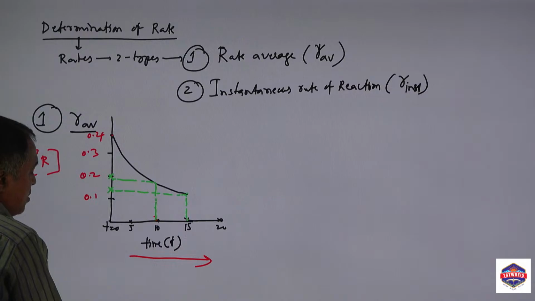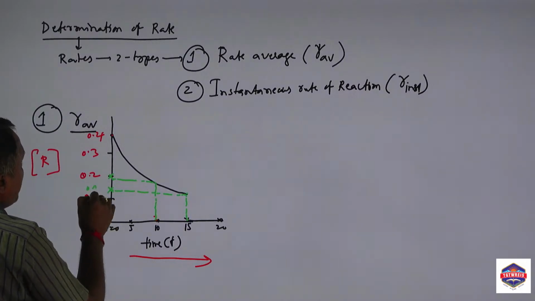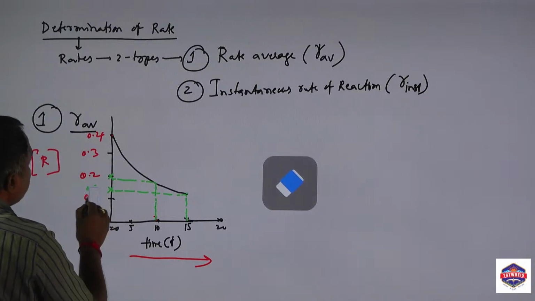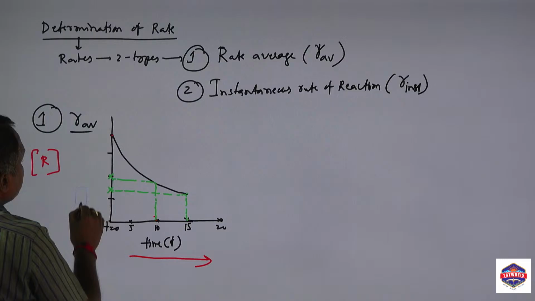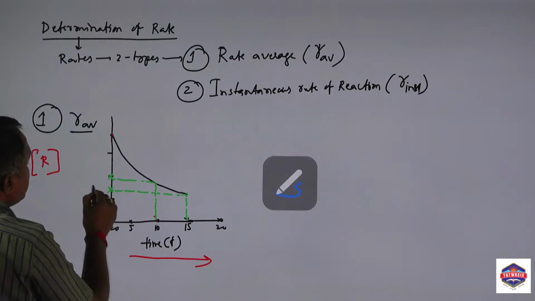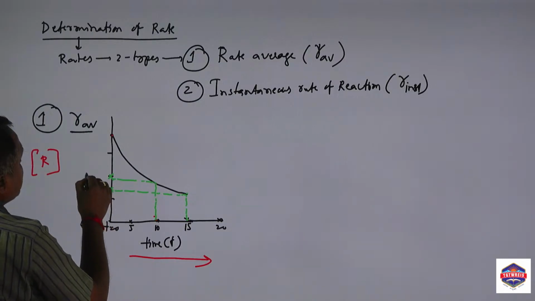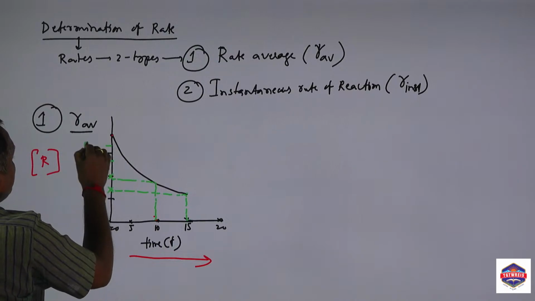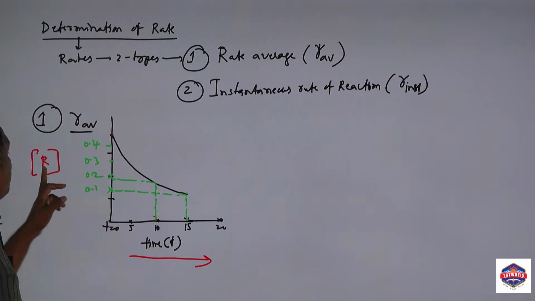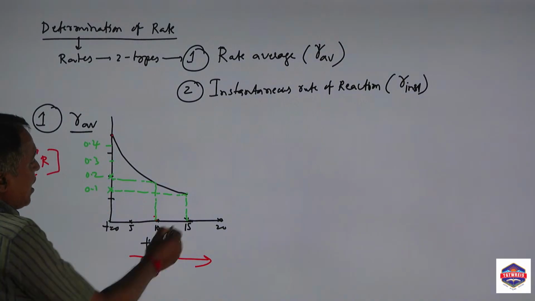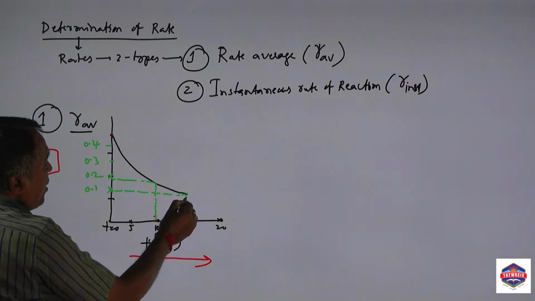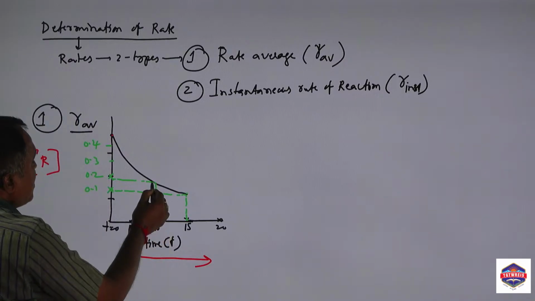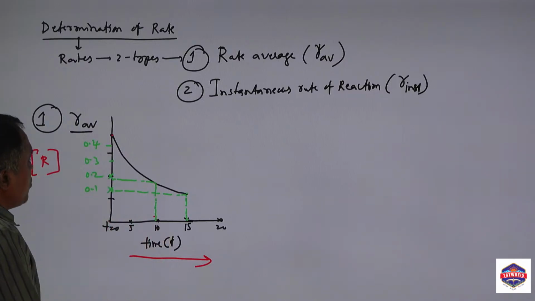Suppose this is 0.1 moles per liter, this is 0.2, this is 0.3, and this is 0.4. This is the concentration of reactants. At 15 minutes we have the concentration of reactant as 0.1 moles per liter, and at 10 minutes the concentration of the reactant is 0.2 moles per liter.